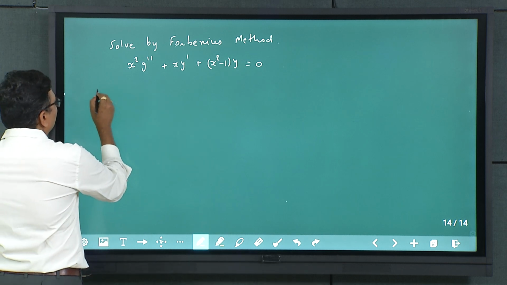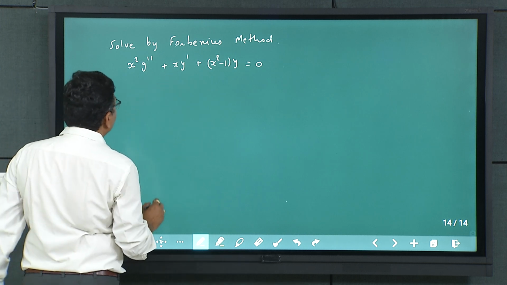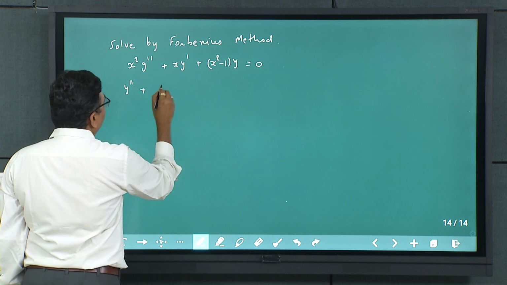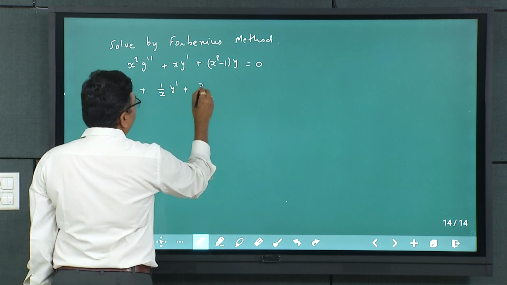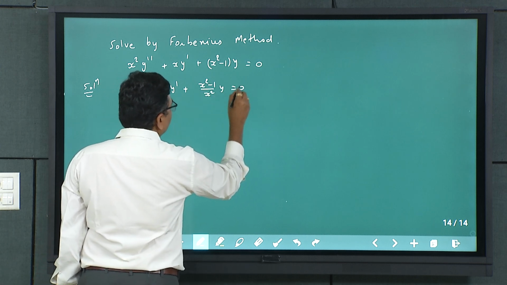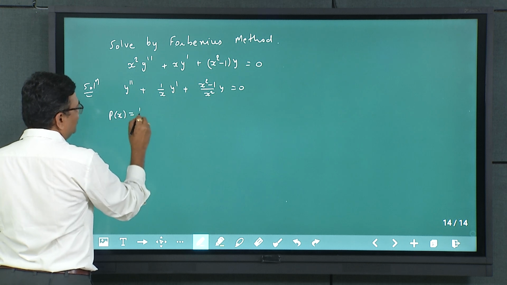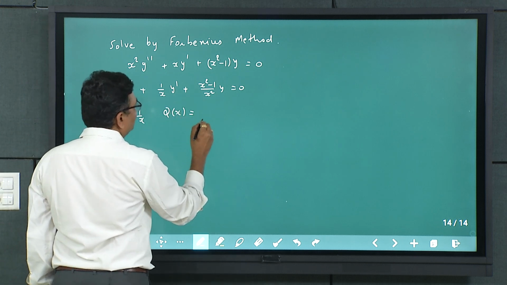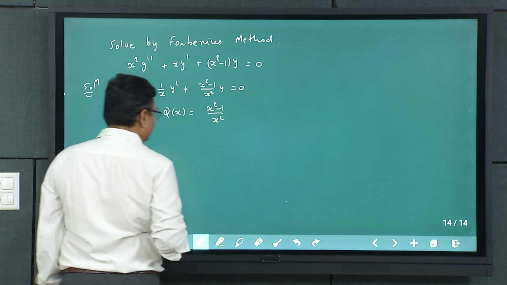So let's go into the solution. Compare this by converting it to the standard form. So y double dash plus 1/x y dash plus x² minus 1/x² y equal to 0. So in this case my px is equal to 1/x, my qx is equal to x² minus 1/x², right.